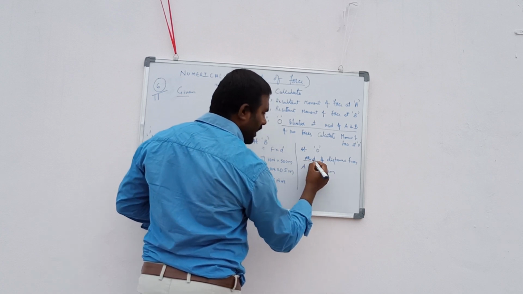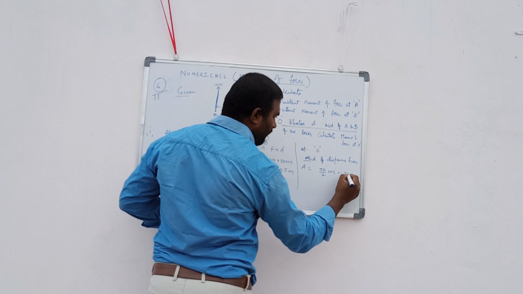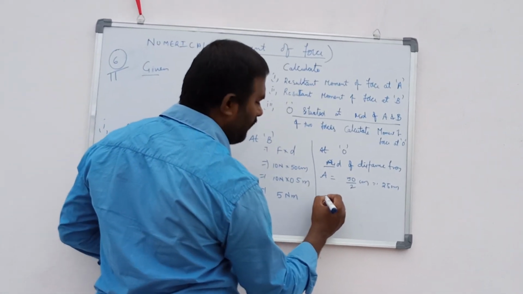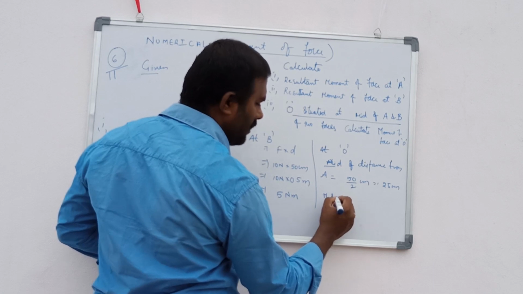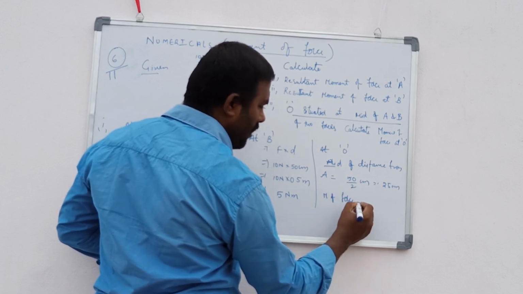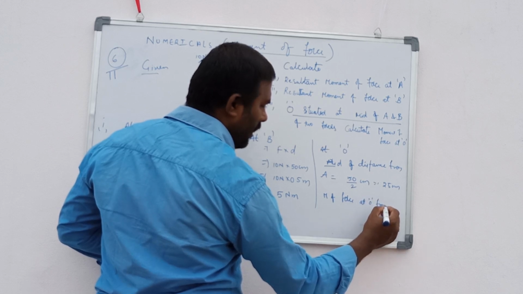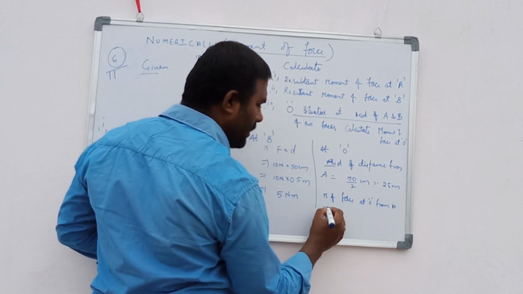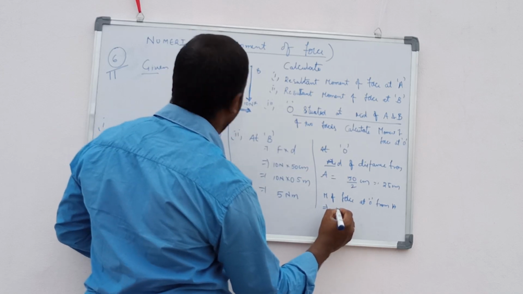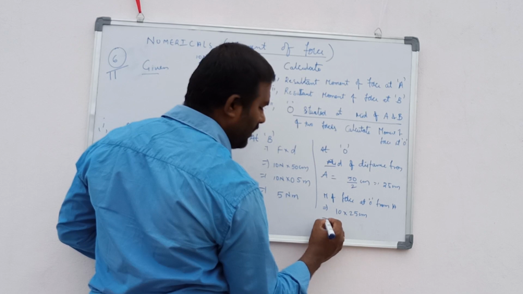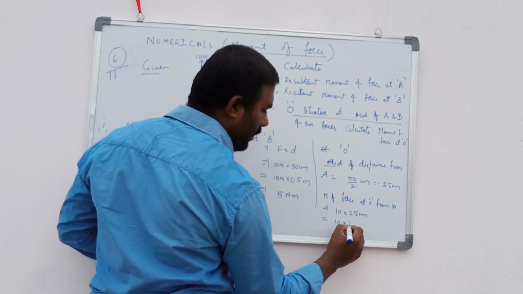So this is half of it, nothing but 25 centimeters. From A, if it is 25 centimeters, therefore the moment of force at O from A is 10 into 25 centimeters.